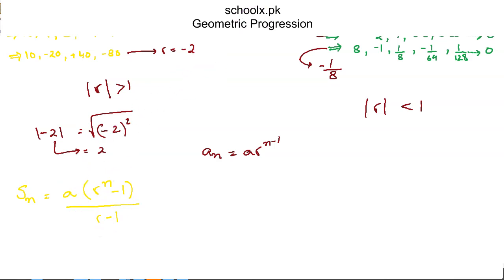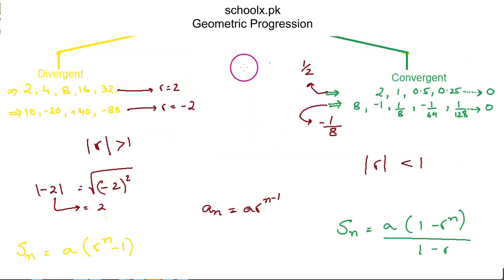Now for the convergent sequence, we have this formula, Sn equals a times 1 minus r to the power n, over 1 minus r, right? Now, as I've told you, this convergent sequence is converging to a specific value.